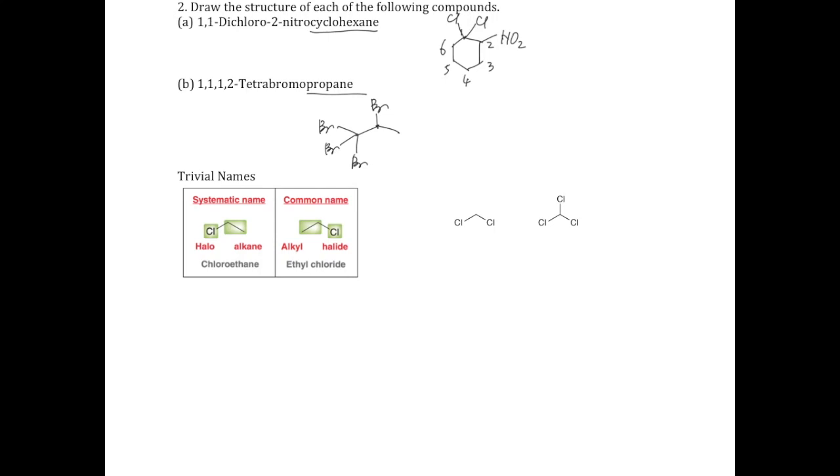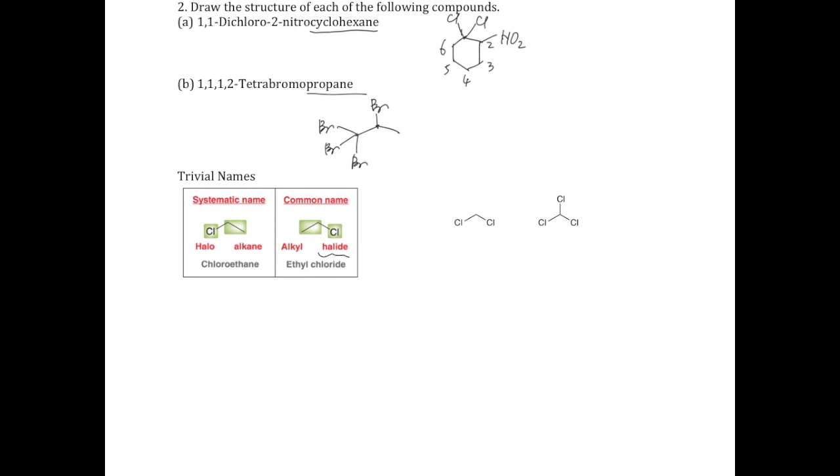So for simple alkyl groups, we can also name the alkane part as alkyl group, and then your halogen will be your parent. So in this case, we'll change it to halide. Like this one, we can also call it ethyl chloride.